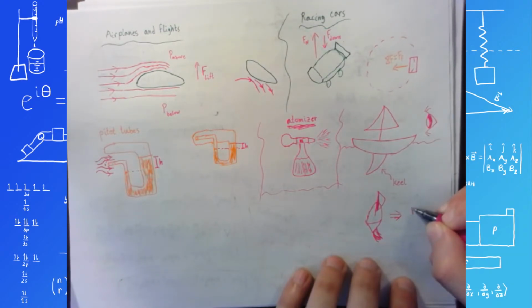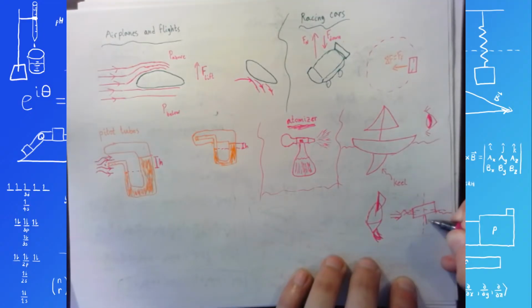So let's say the boat tipped over this way, for example. Let me draw a coordinate system over here. And here's the water. Let's say the boat tips over this way, so its keel is going to be over here.